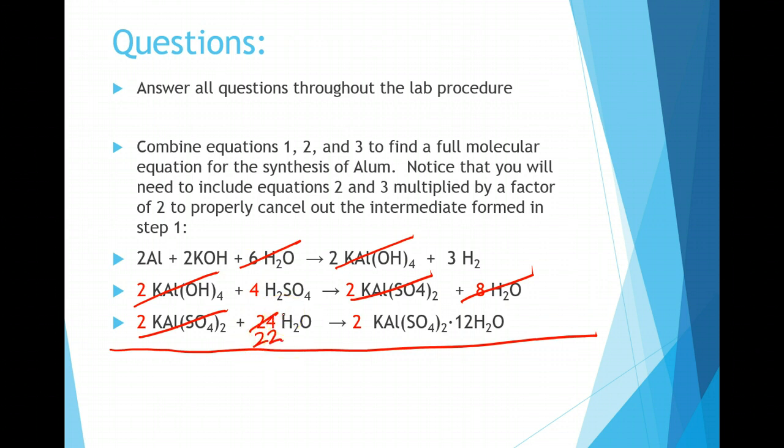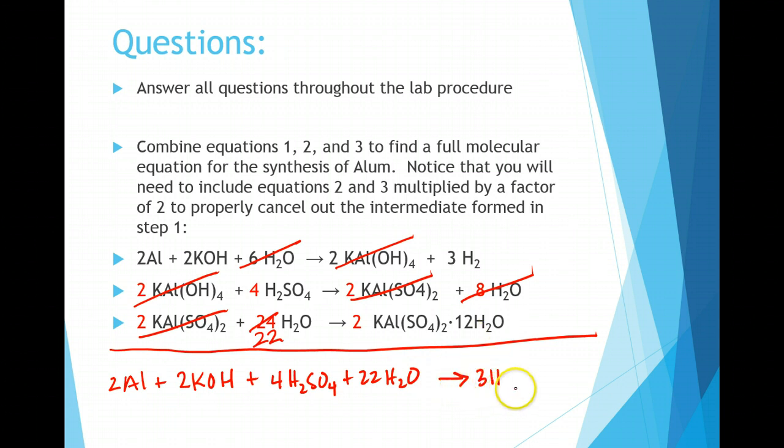I don't see any other items that can be simplified, and so our full molecular equation would be 2Al + 2KOH + 4H2SO4 + 22H2O yields 3H2 and 2 alum.